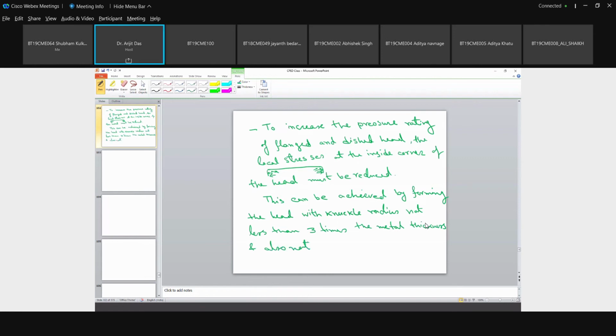All this is the thumb rule. So this is the thumb rule to make the knuckle portion.